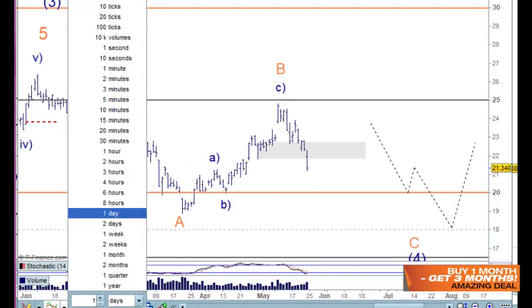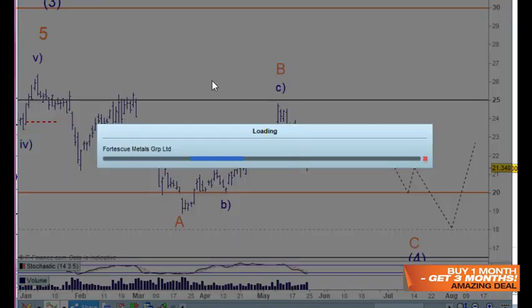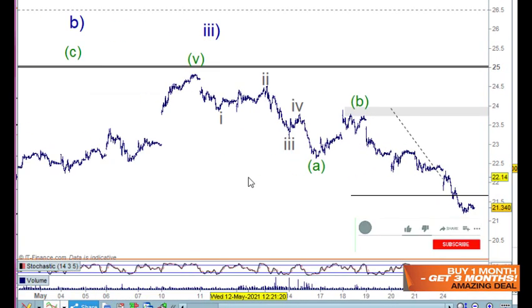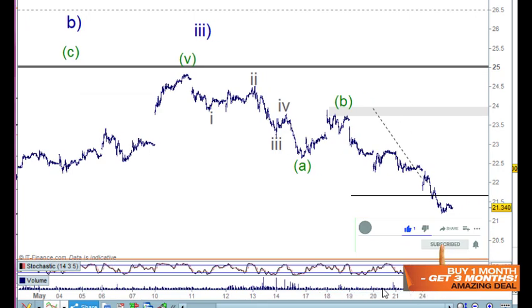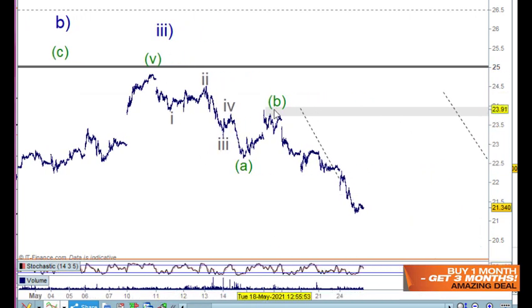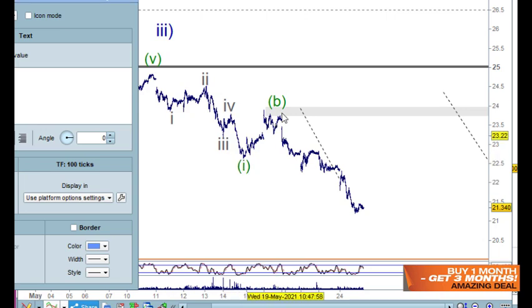I'll just have a look at the tick chart just to have a look at that top there. So we've got 5 here, so we're going to have to change that to wave 1 and 2 here.